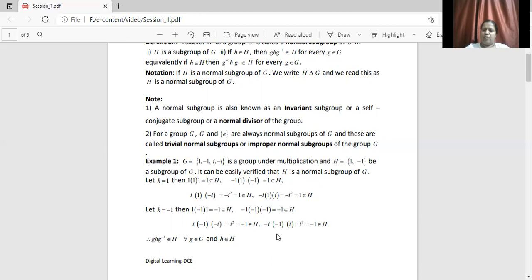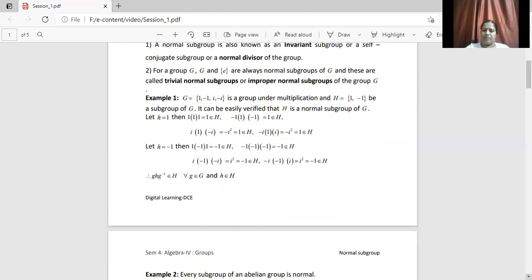Therefore, minus i into minus 1 into i is equal to i square, which is nothing but minus 1, and belongs to H. Hence, for each h in H and g in G, we are getting g h g inverse belongs to H. Hence, we can say that H is a normal subgroup of G.